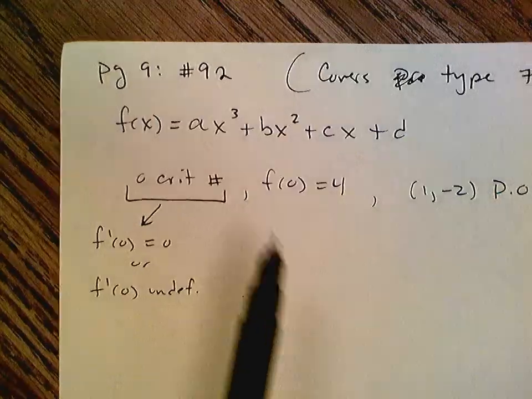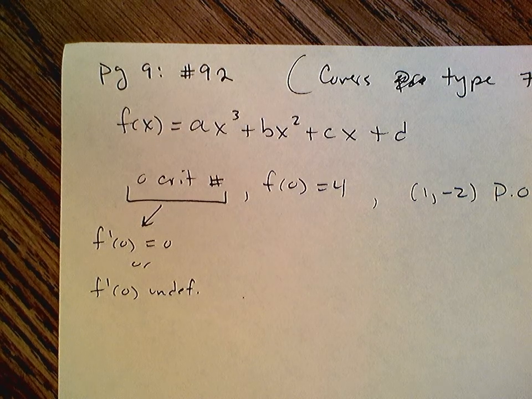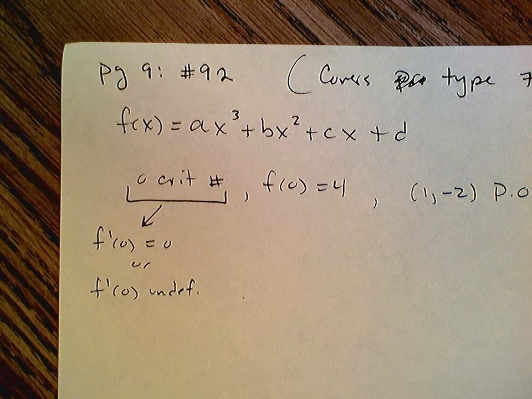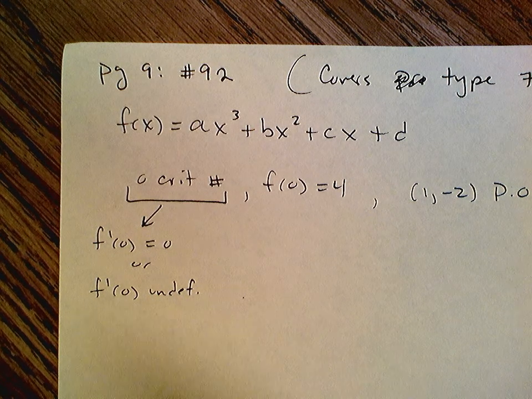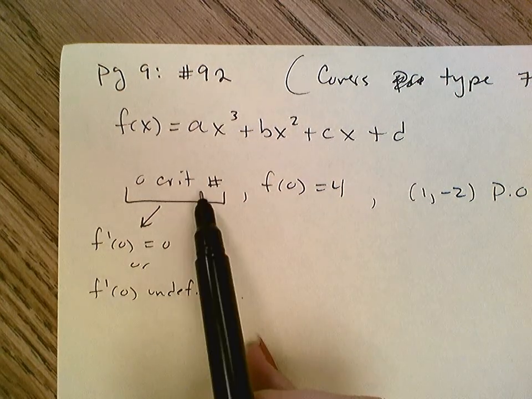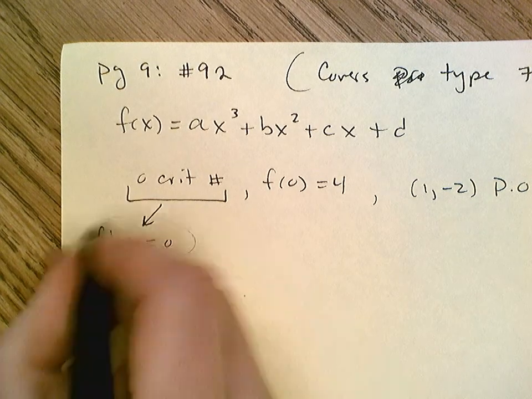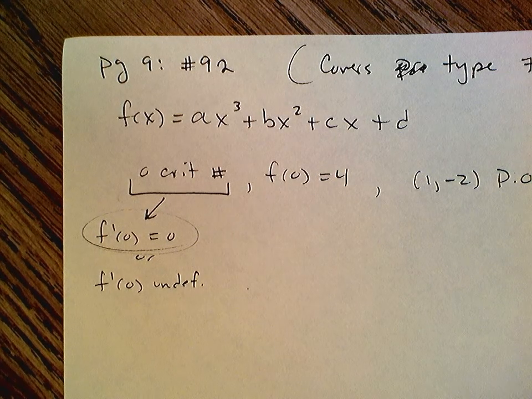Now guys, this is a polynomial, so we don't have to worry about the derivative being undefined anywhere, because the derivative is going to be defined everywhere since it's a smooth, continuous curve. So if they're telling you that 0 is a critical number, since this is a polynomial we're dealing with, we know that f prime of 0 is equal to 0.